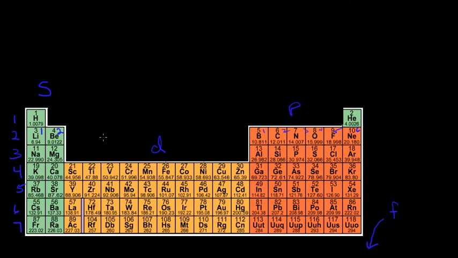If we were doing the electron configuration for titanium, titanium has 22 electrons. We can write down the entire electron configuration, not by using the chart, but by looking at all of the different levels and orbitals identified on the periodic table from top to bottom.